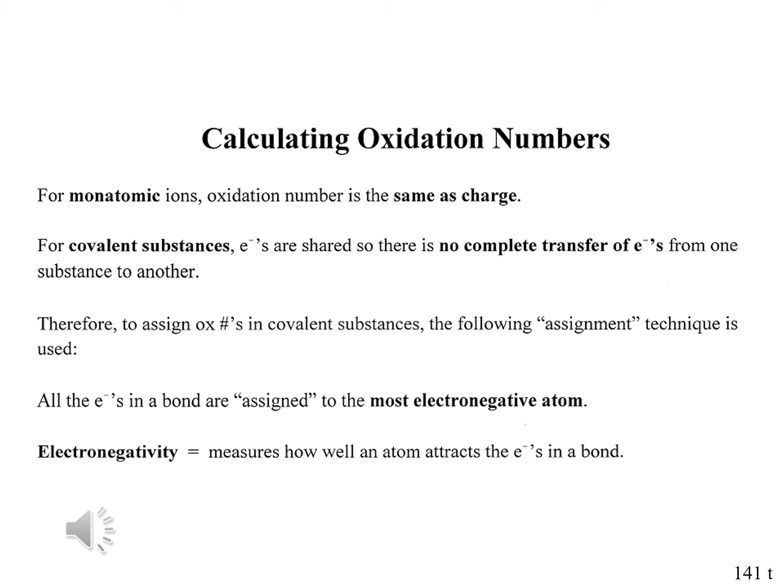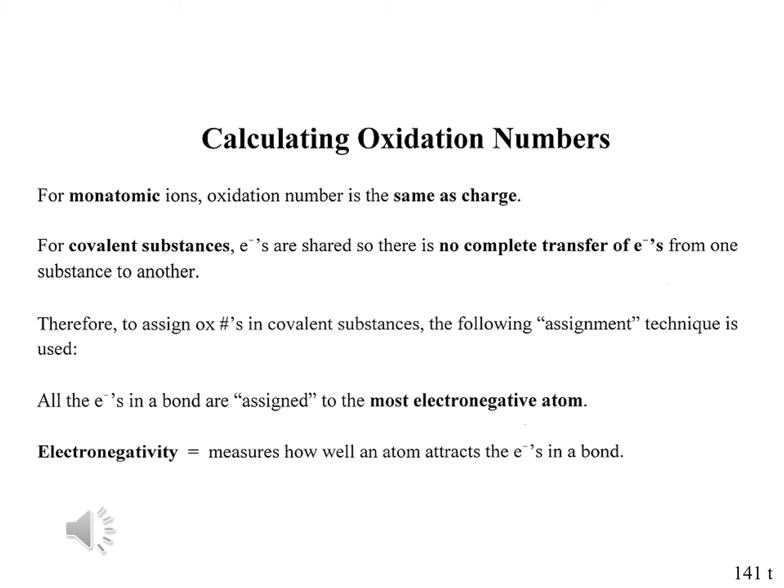If you remember what that term means, if you're more electronegative, you attract electrons better. And so the one with the higher electronegativity is the one that you are going to assign the electrons in the bond to because they're already closer to that atom.